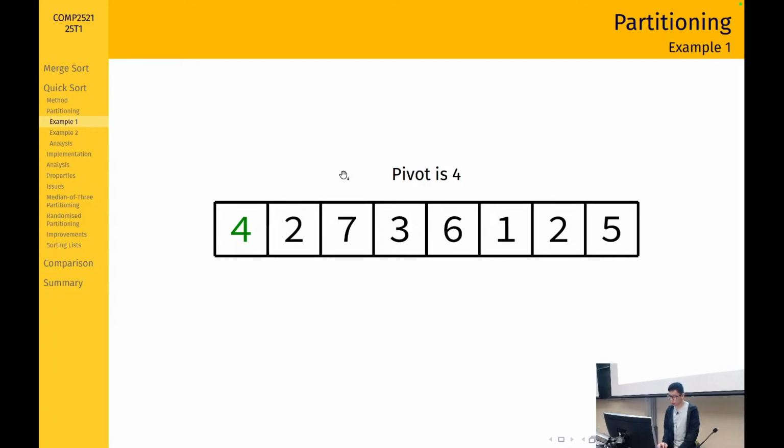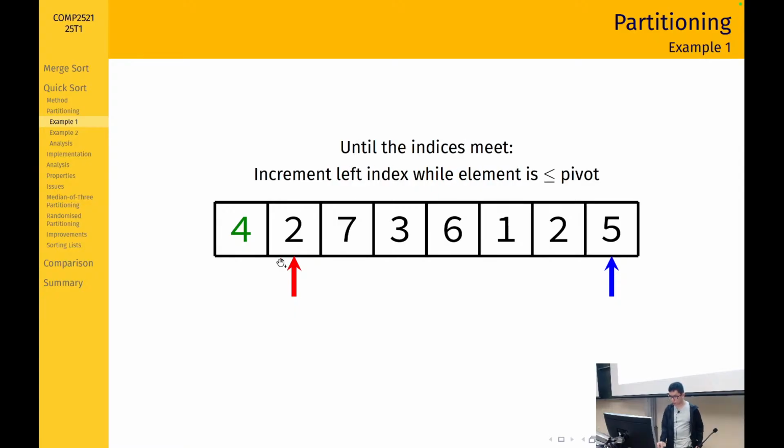Okay, so here we're going to take 4 as the pivot, and then we're going to create 2 indexes. One that points to this element and one which points to this element 5. And we're going to increment the left index until we find an element that's greater than the pivot. If we increment it, then we will find a 7 here, which is greater than the pivot.